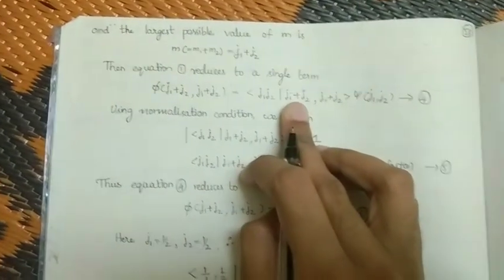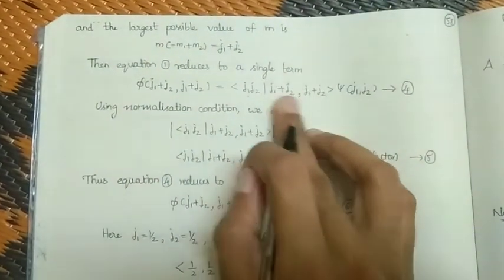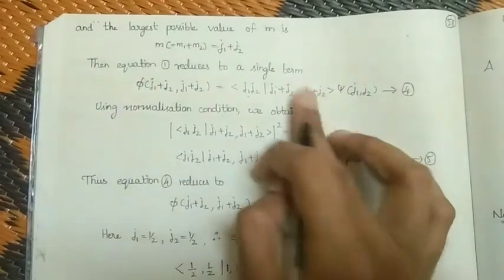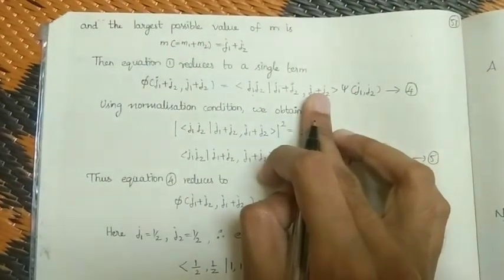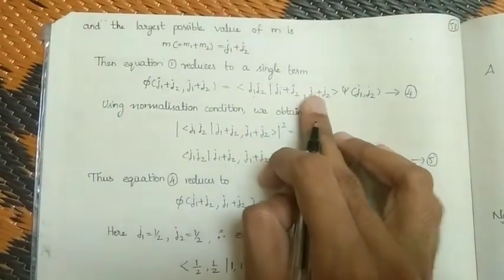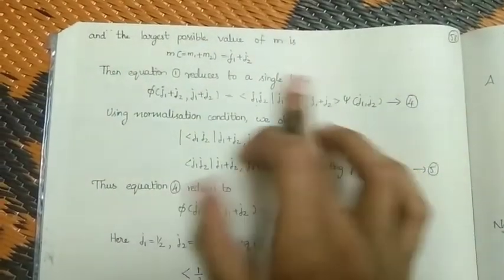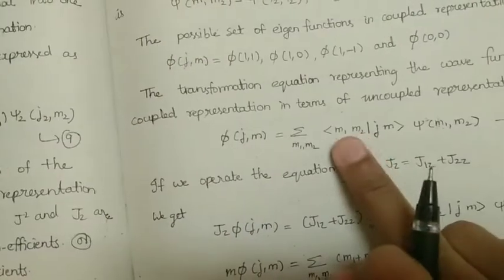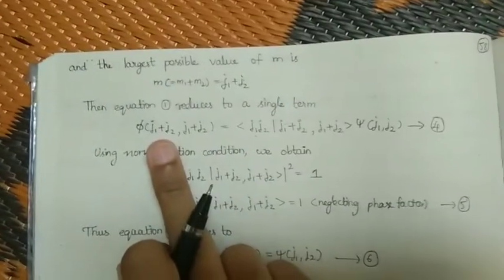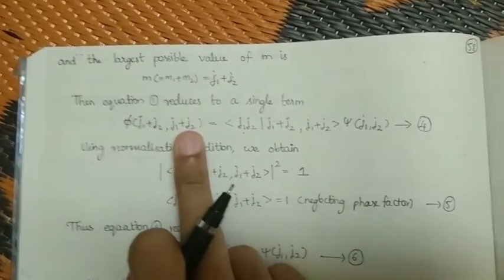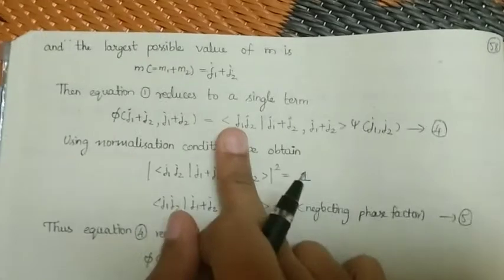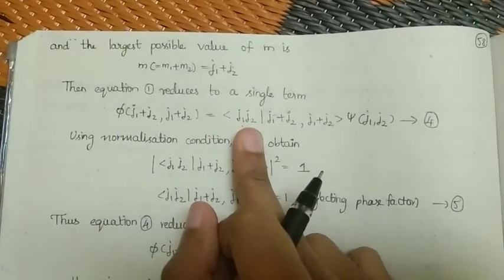That is nothing but j1 plus j2. So in the place of small j we are having j1 plus j2. And what is small m? m1 plus m2. So in the place of m1 j1 and in the place of m2 j2. So that is the thing. So if we see the first equation, phi of j comma m, in the place of j we are having j1 plus j2, in the place of m also we are having j1 plus j2, and in the place of m1 j1, in the place of m2 j2.